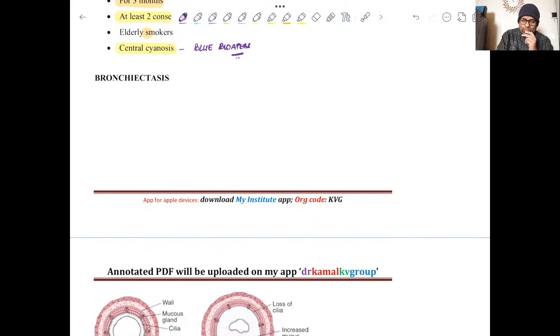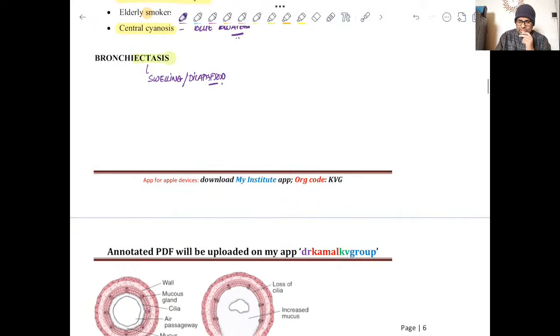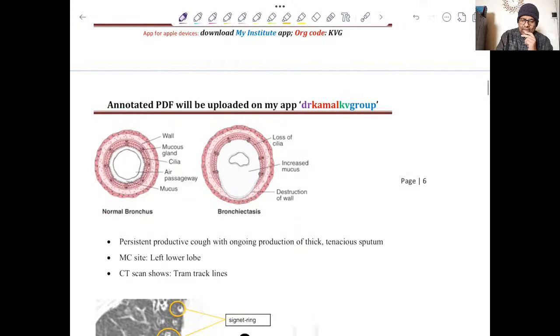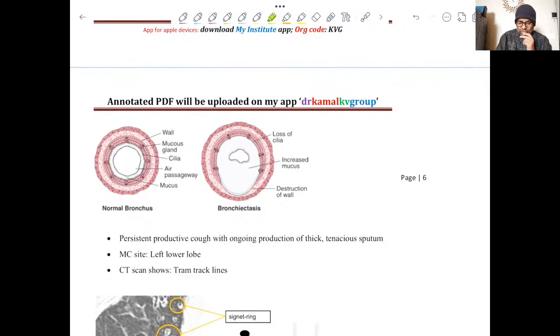Now moving forward to bronchiectasis. Now ectasis means what? Ectasis means dilatation or swelling. Clear? So here what is happening? There is dilatation of bronchi. So you can see here, there is dilatation of bronchi.